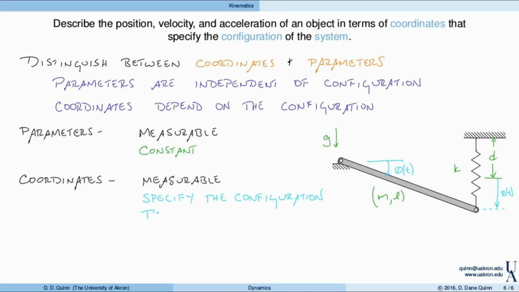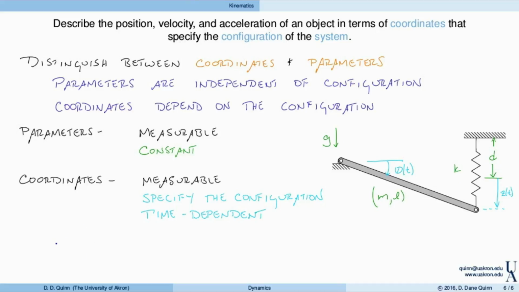And are typically time dependent, so they vary in time. The kinematics of the system, in particular the motion of the system, is defined in terms of the coordinates.